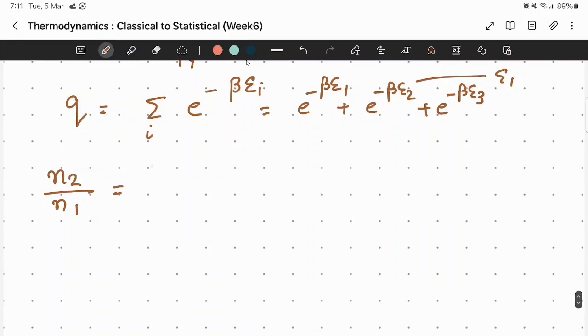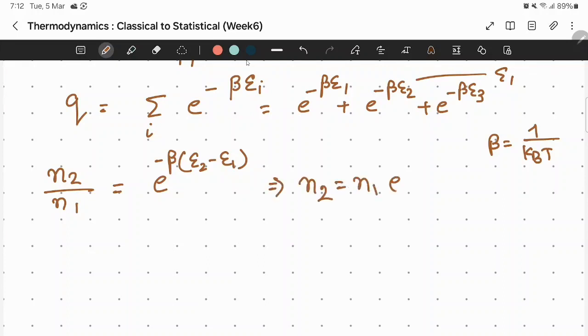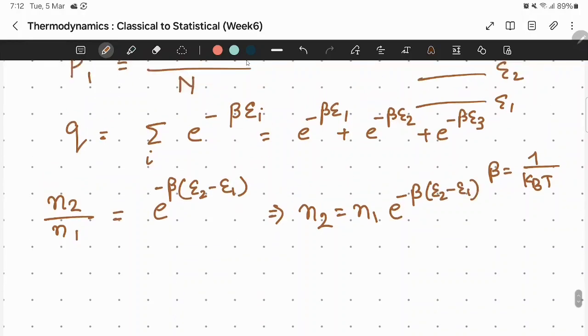It will always be N2 by N1 equal to e to the power minus the difference between the energy levels, E2 minus E1, divided by KBT, where beta is essentially the inverse temperature, 1 over KBT. So there should be a minus. Yes, this is the case. So you can write that N2 is essentially N1 into e to the power minus beta (E2 minus E1). So this is N2.